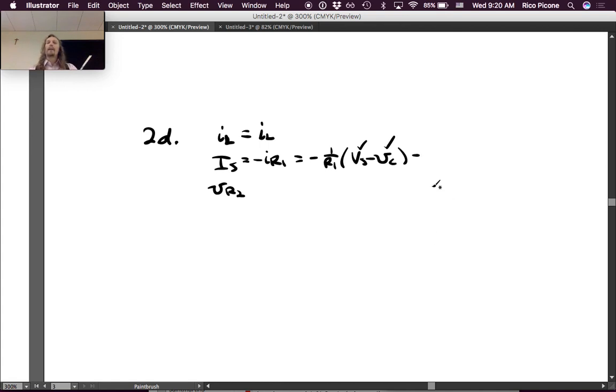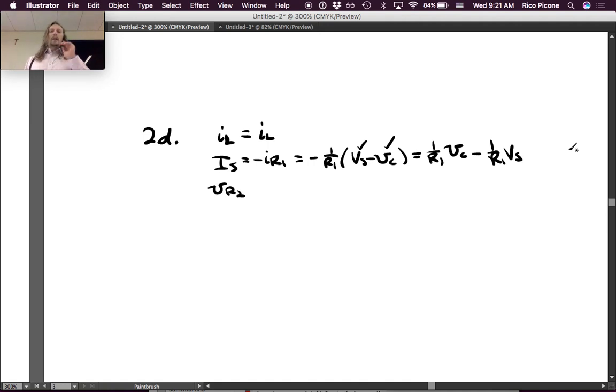Now, let us rewrite this with each of the coefficients written out explicitly, which kind of helps us do the next step, just like with the state equation. So we have 1 over R1 VC, and then we have no IL, and then we have negative 1 over R1 VS. All right.